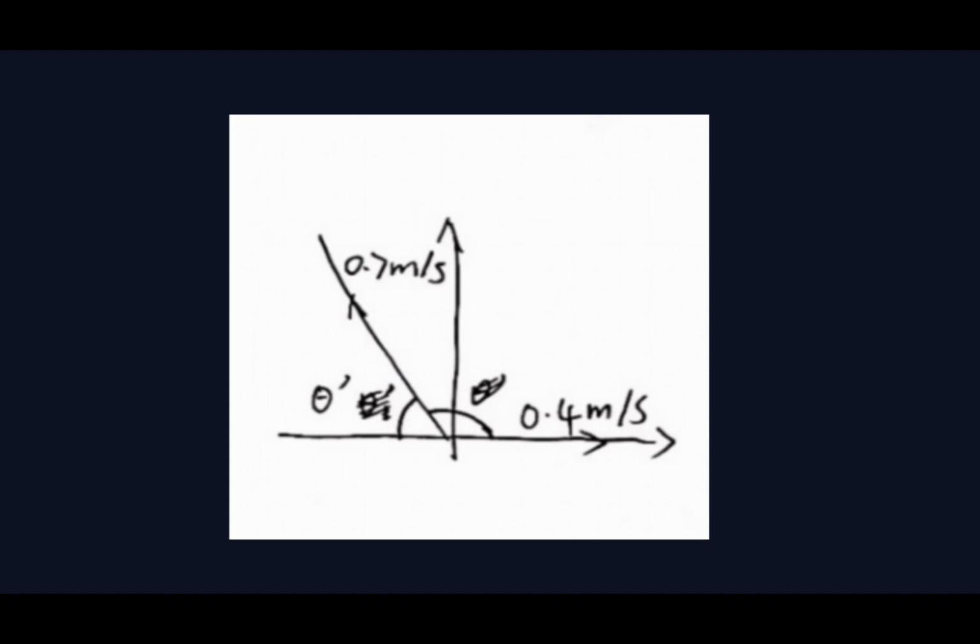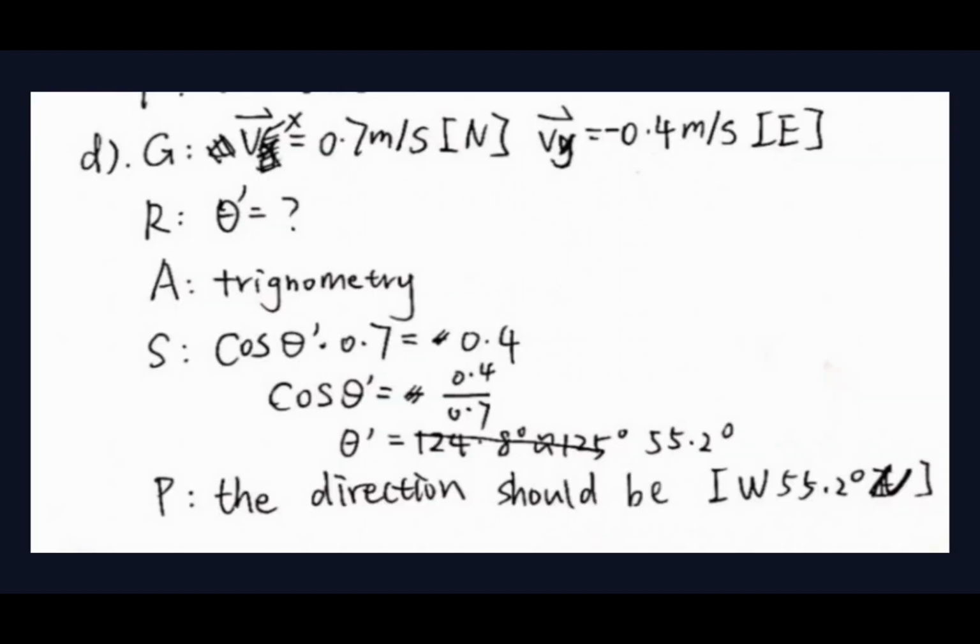So the angle between the velocity and the x-axis on the left should be opposing 0.4 meters per second, because the current is pointing east. So let's start to explain this question.